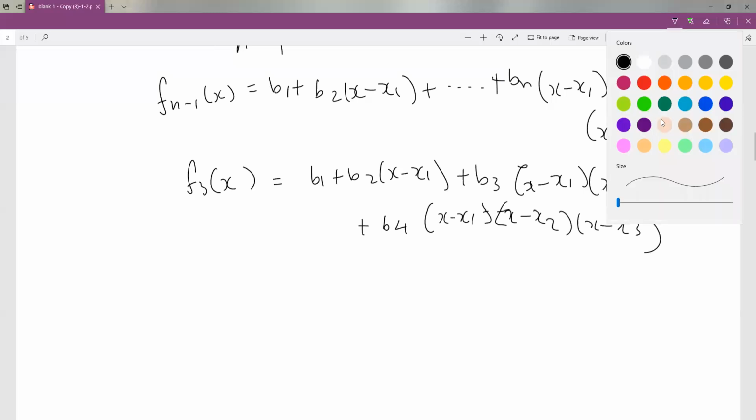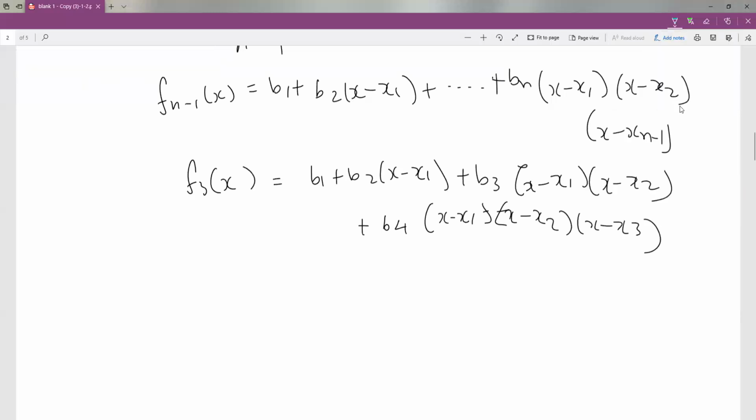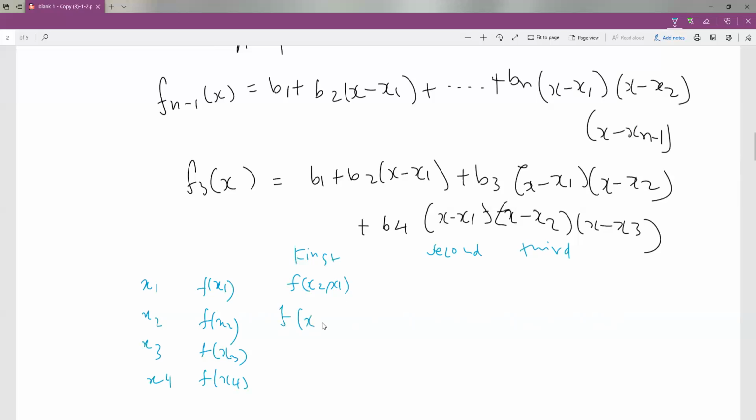Let us say x1, x2, x3, x4, 4 data points, then f of x1, f of x2, f of x3, f of x4. Then first divided differences, second divided differences, and third. The first one is always written as f of x2, x1, then x3, x2, and f of x4, x3.